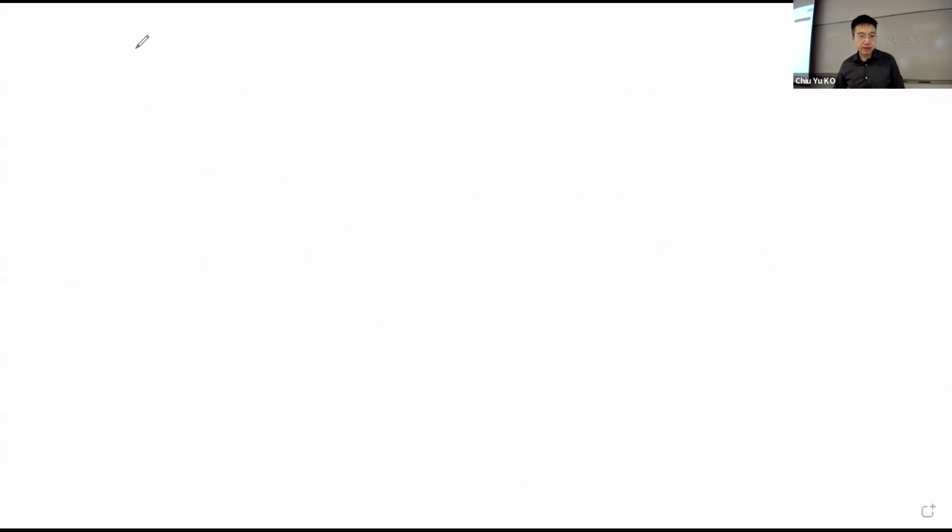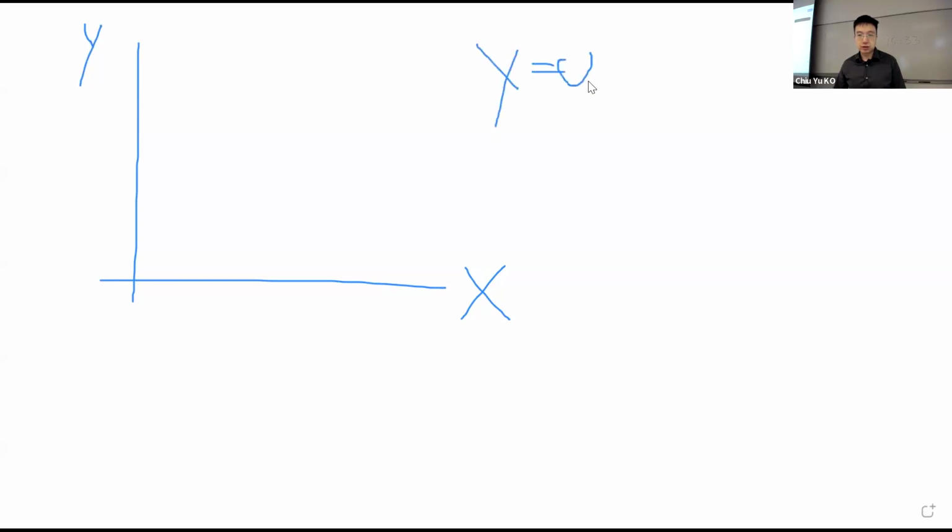So when we run regression, implicitly, this is the assumption we have. There is a true alpha and true beta we never observe. There is a line here. The slope is beta, and that's alpha.